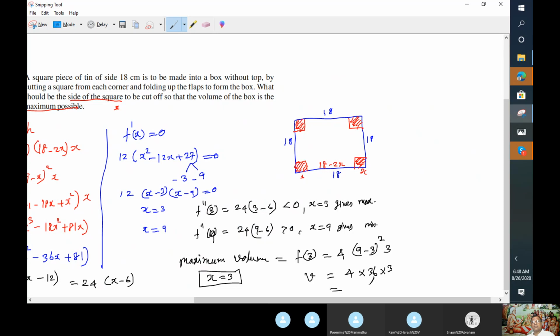How much? 6 4s are 24, balance 2. 3 4s are 12, plus 1, 13, excess 1. 1 3s are 3 plus 1, 4. So 432 cubic centimeter. This is your maximum volume of this problem. Understand, dear students?